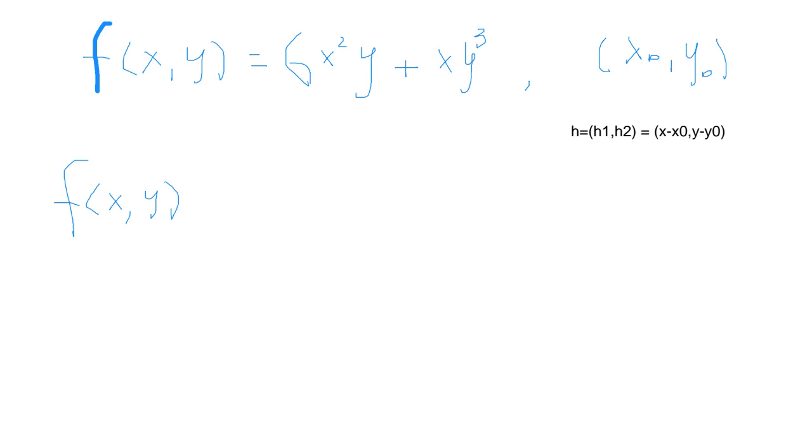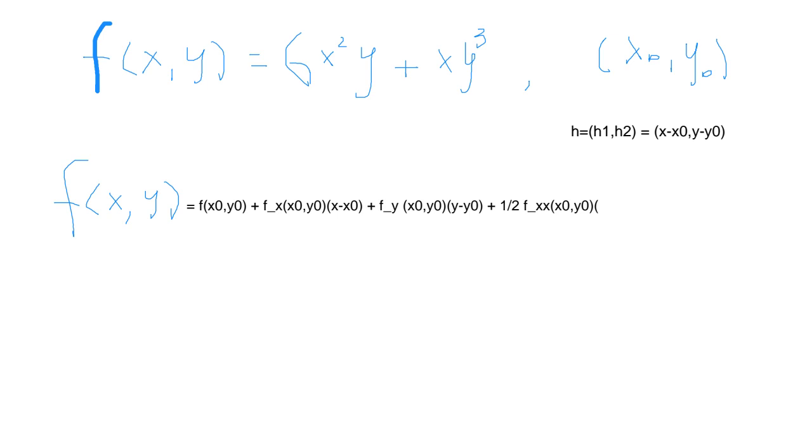The difference x minus x naught to the second power, because this is second order. Then plus half f second order in y direction, evaluated at x naught, y naught. Then multiply by the difference in y direction squared, y minus y naught squared. So the logic is exactly the same as before.